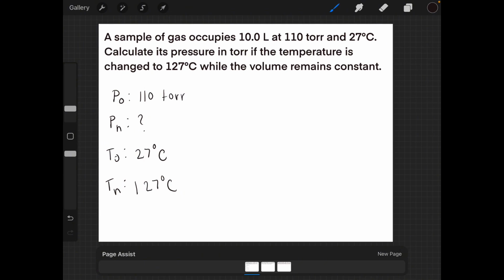Both of these temperatures are in Celsius, so I need to add 273 to convert to Kelvin. Now I'm going to set up the foundation for my equation. This will be the same setup for any problem.